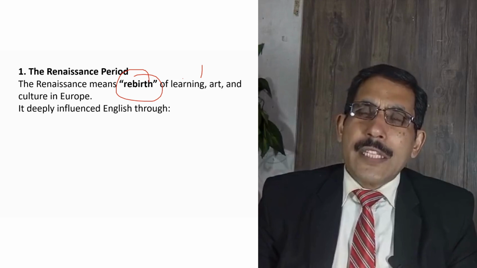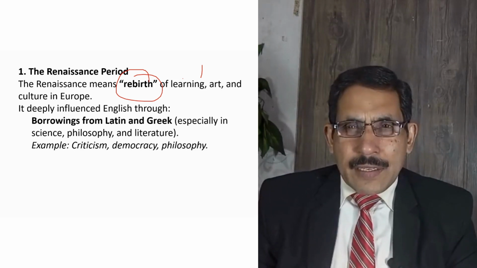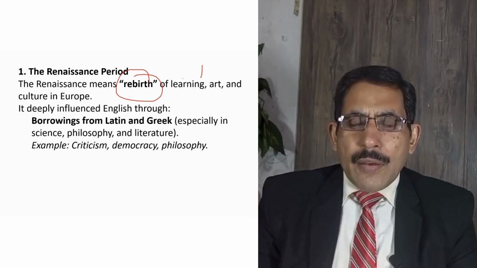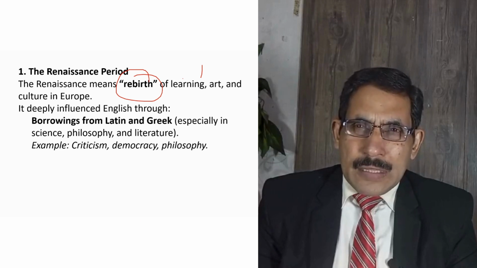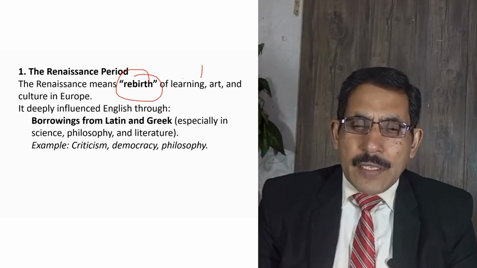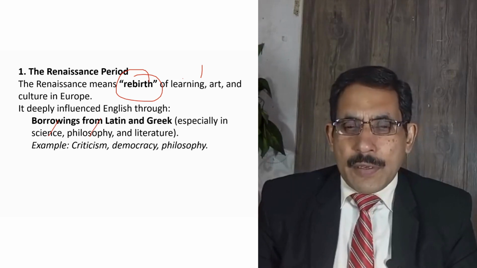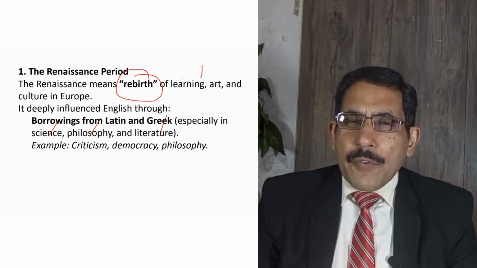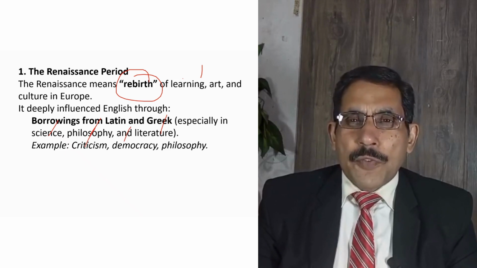This period was deeply influenced by Greek and Latin. A lot of words were borrowed from these languages, especially in science, philosophy, and literature. For example, criticism, democracy, and philosophy.